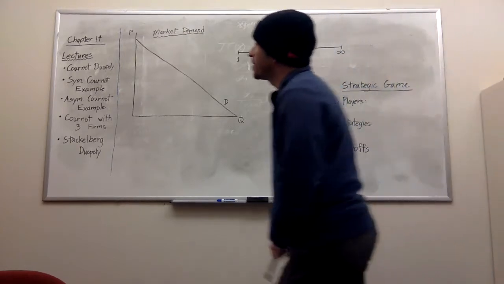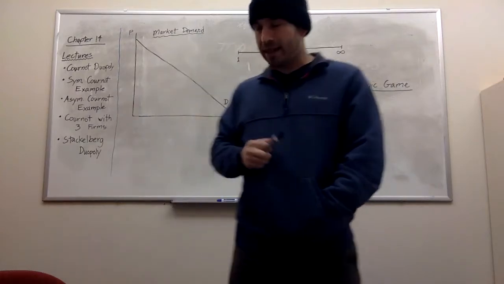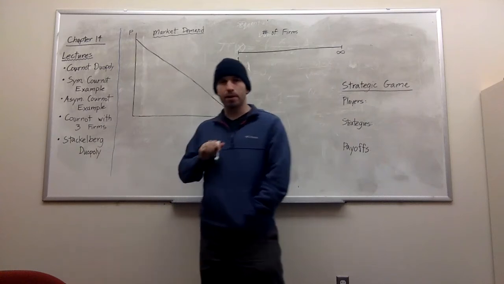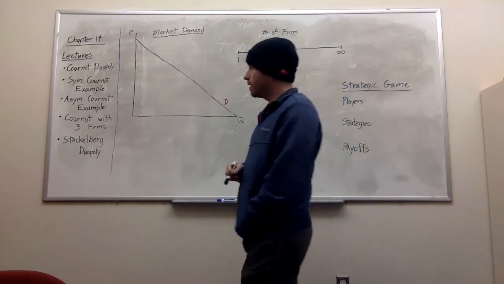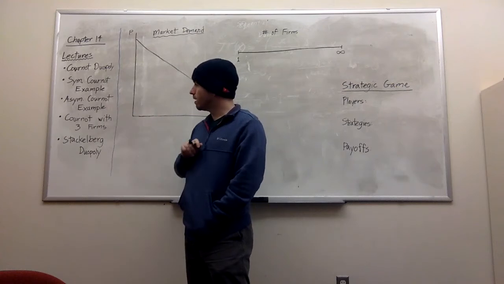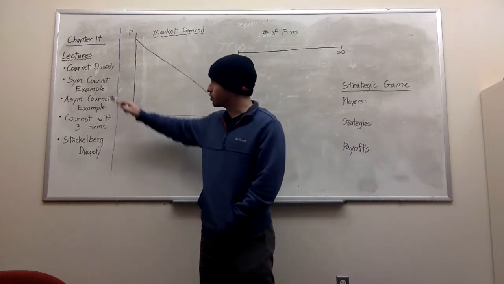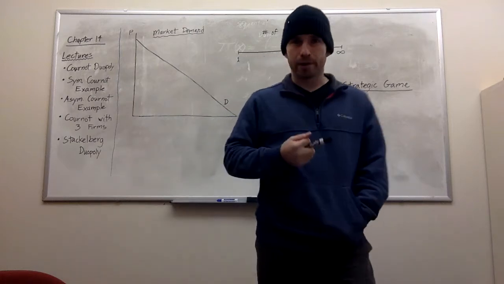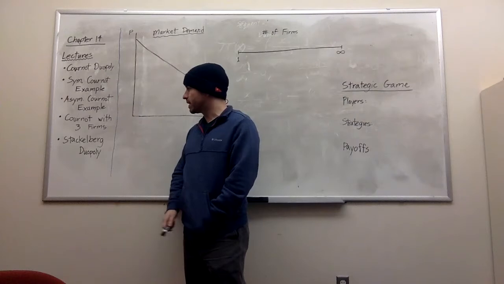I'll start with Cournot duopoly, kind of the generic setup of it. Then we'll do a symmetric example of Cournot competition, and then have an asymmetric example. Then we'll expand it from just 2 firms to 3 firms and compare how the outcomes differ from those early examples.